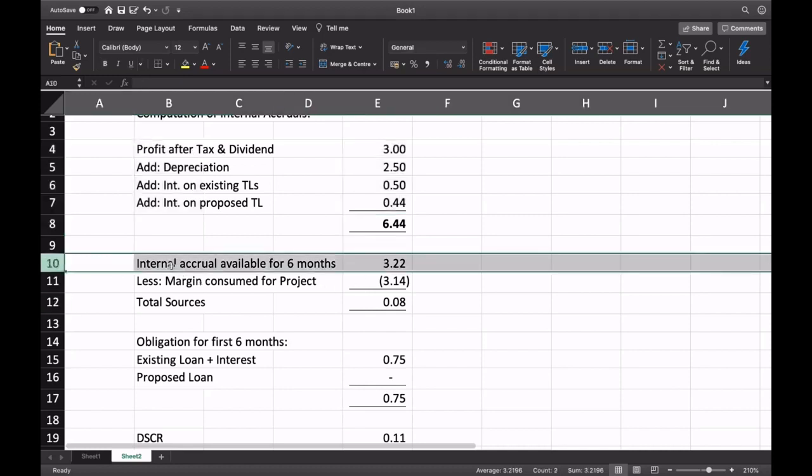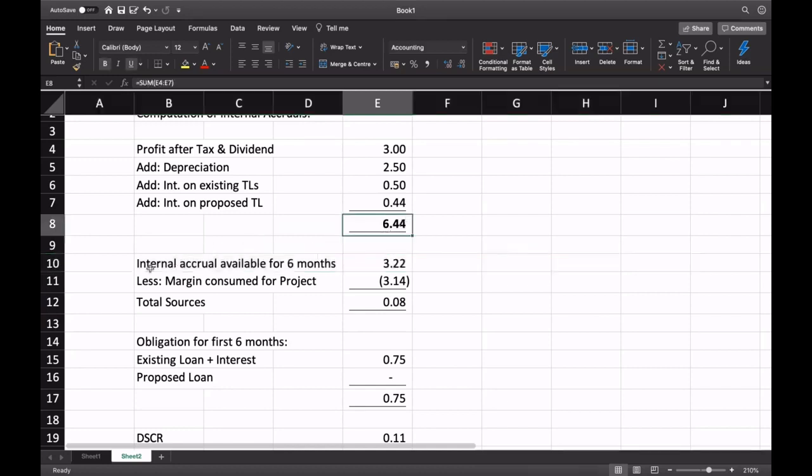If this is for 12 months, we can find out the internal accrual for 6 months. I've just taken this figure divided by 2. So 3.22. And we are saying the margin of 3.14 will be fully met out of internal accruals. So if I deduct the margin 3.14 from this 3.22, what is left over is only 0.08. This is the only source available now. But on the obligation side, the existing loan plus interest is 1.5 crore.